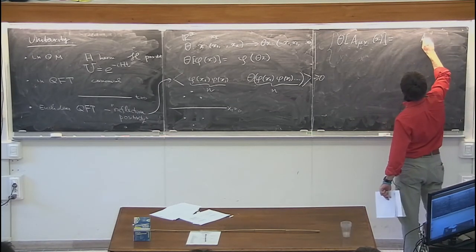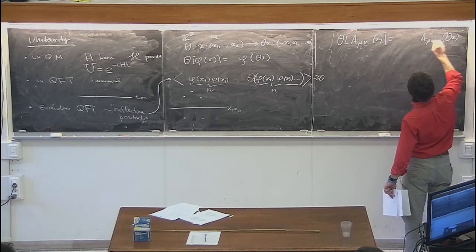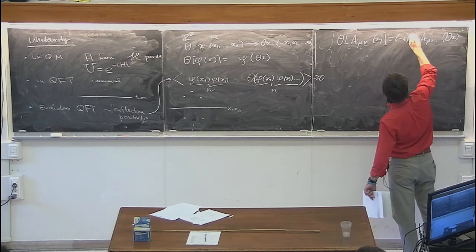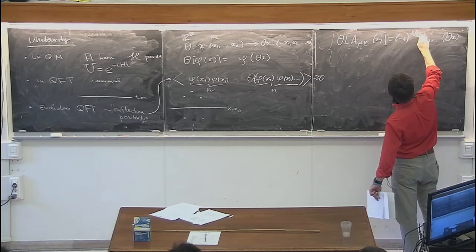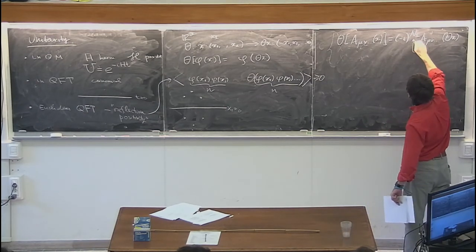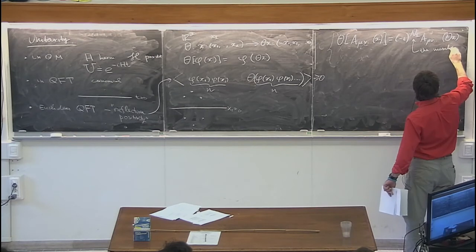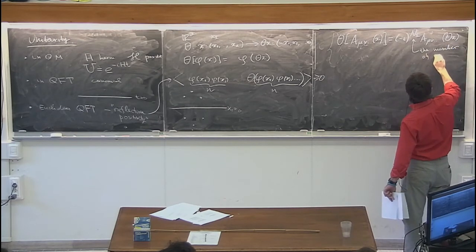So I have A_mu nu at theta x, and then multiply it by -1 to the number of times I have an x1 index. So n1 is the number of x1 indices.